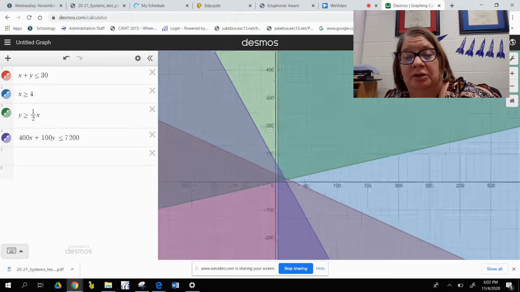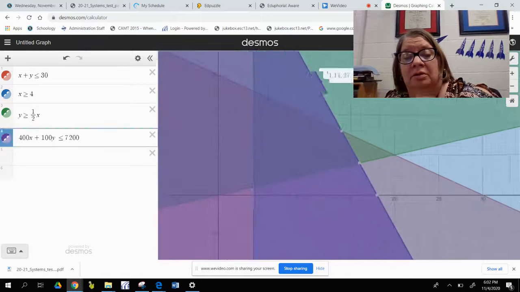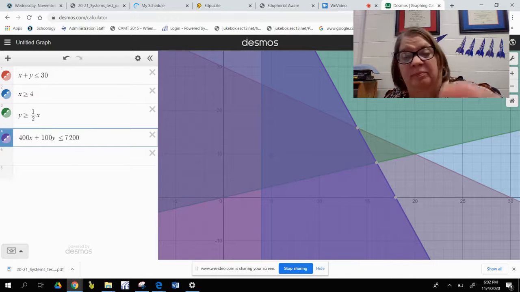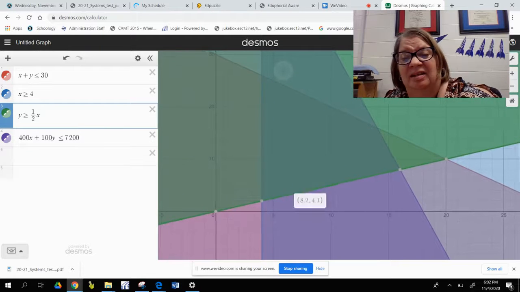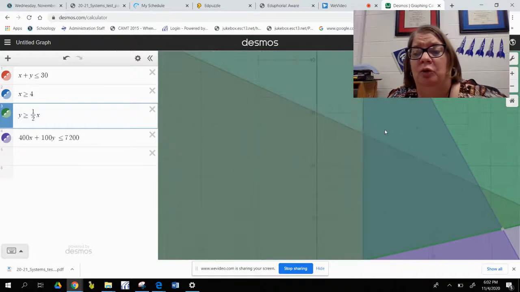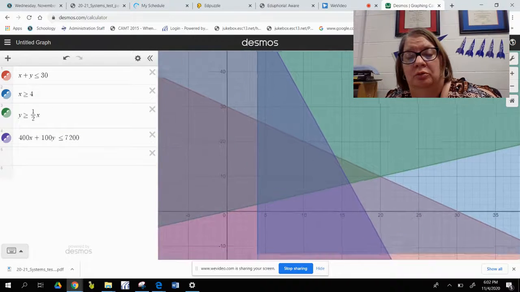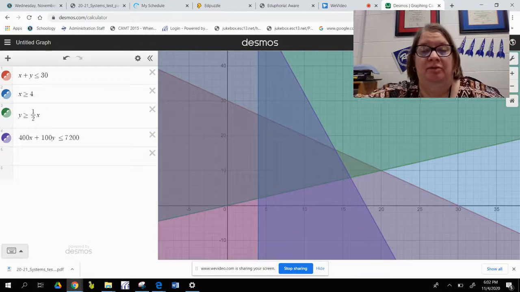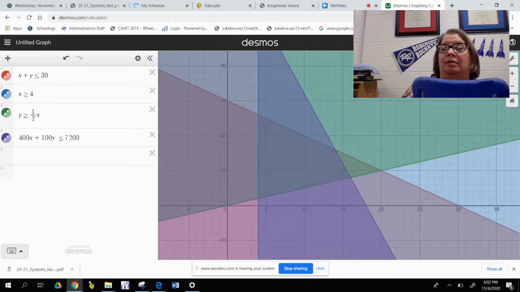Got all my inequalities there. Okay. All right. So let's see if I can show you. Maybe I can do it this way. Every time I try to point on that, it moves it around.